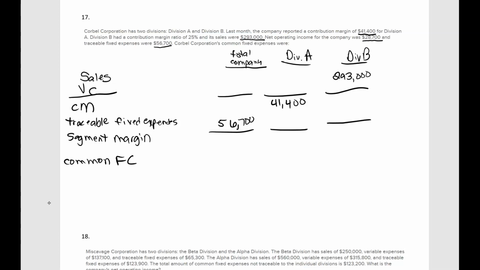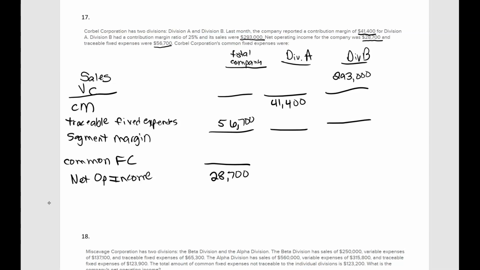Then we have our common fixed expenses. Then that gives us our net operating income, which we know is $28,700. And what we're looking for is the common fixed expenses. So we're going to have to work backwards. Okay, so that's the given part.